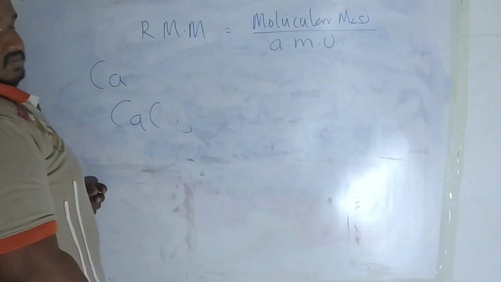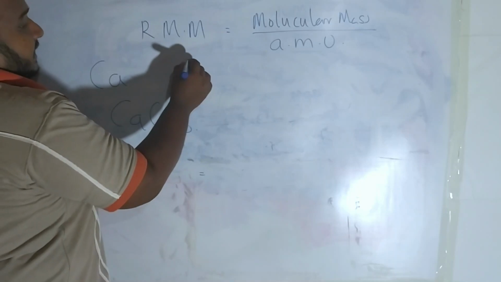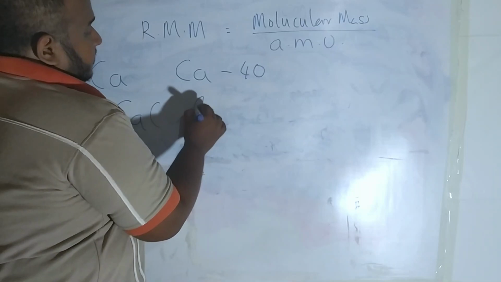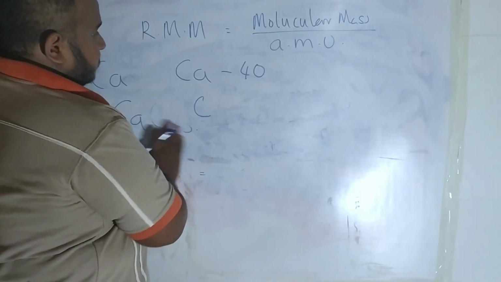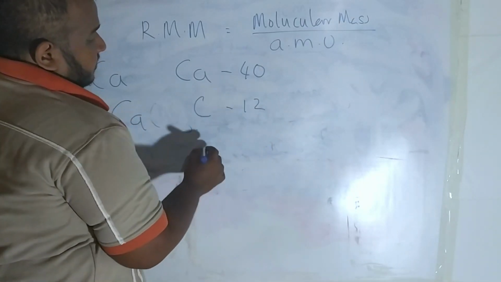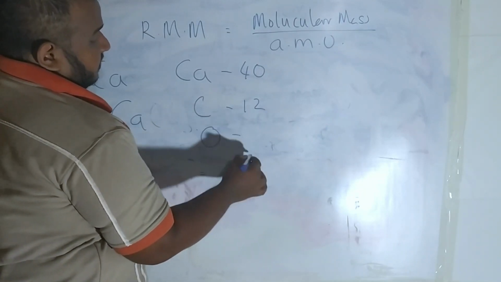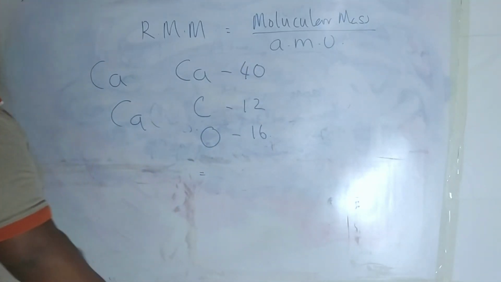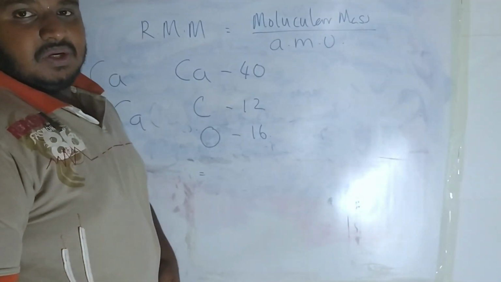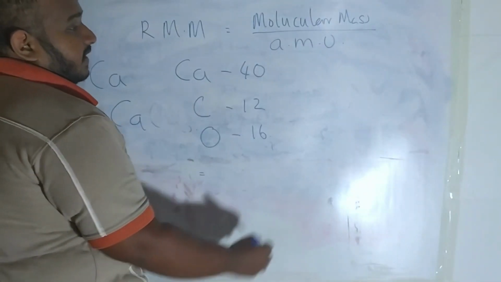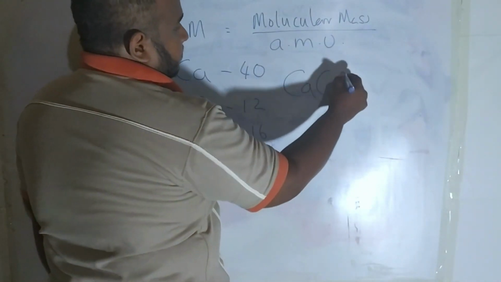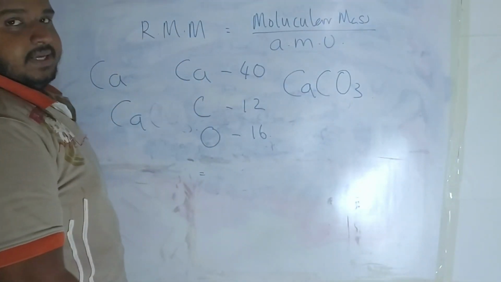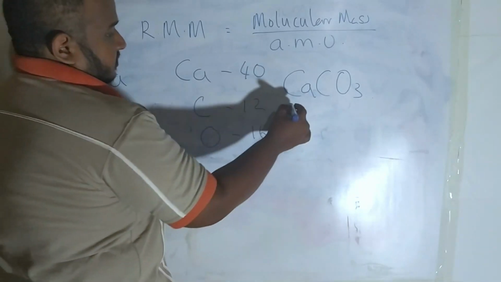What we used to do is, for example, if they give you the atomic mass of calcium is 40, carbon is 12, oxygen is 16, and then if they ask you the molecular mass of calcium carbonate, the answer can be obtained in this manner.